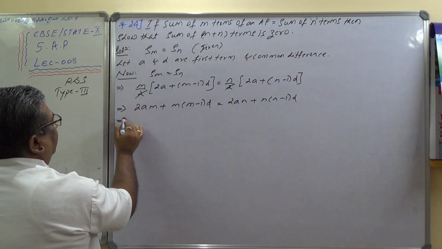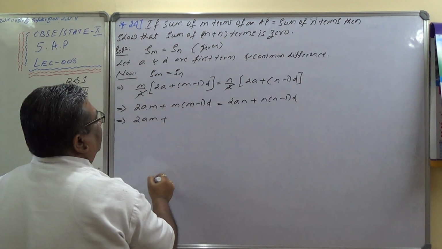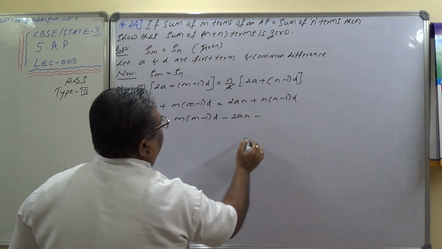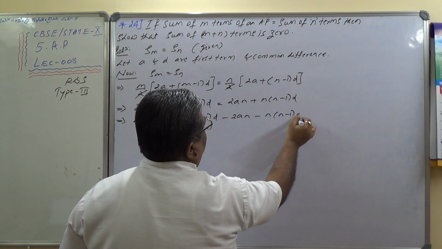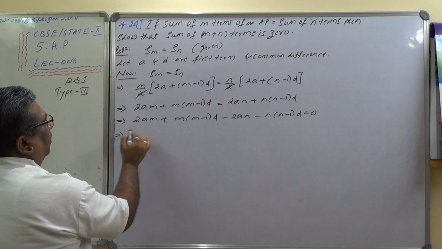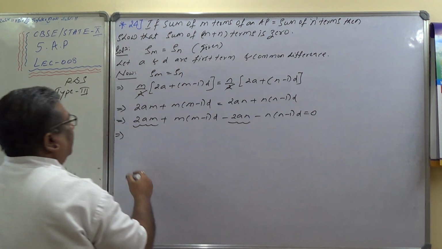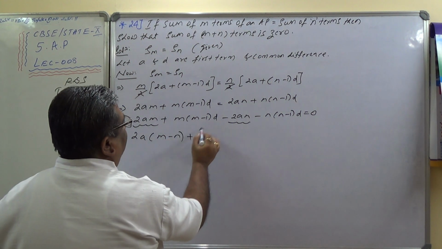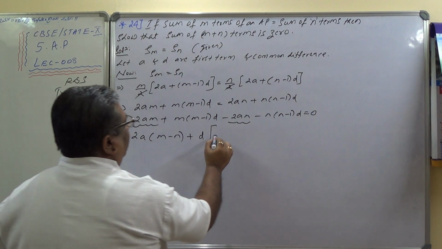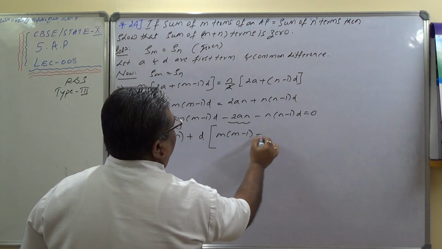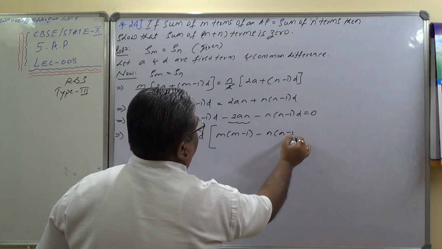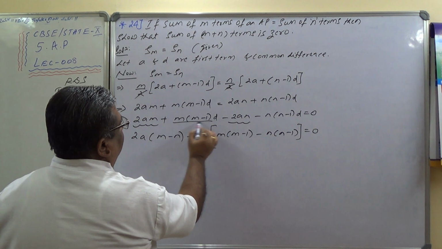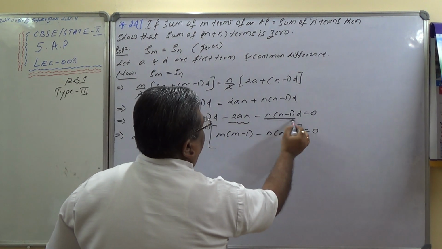Transpose this side: 2am plus m into m minus 1 times d minus 2an minus n into n minus 1 times d equals 0. Check here, 2a into m minus n, plus d is common, m into m minus 1 minus n into n minus 1 equals 0, because in this term and in this term d is common.